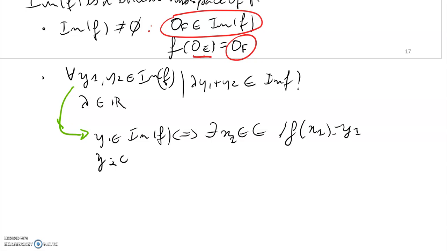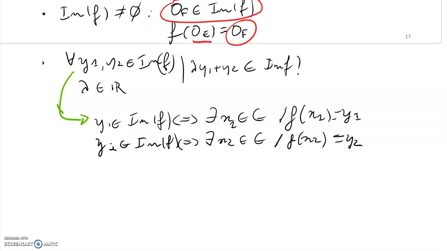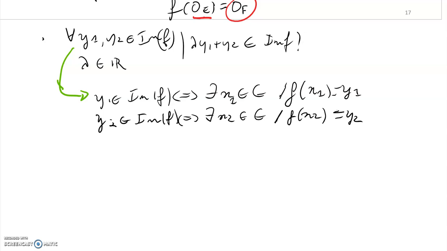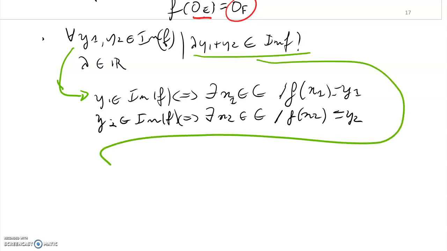Y2 belongs to the image of f, very similarly, means that there exists some x2 in E such that f of x2 equals y2. Now, do we have that lambda y1 plus y2 belongs to the image of f?